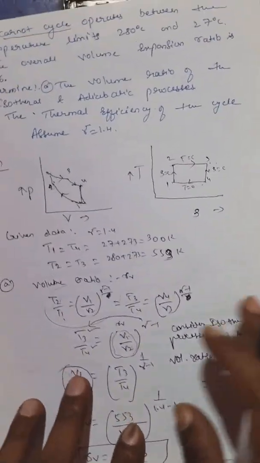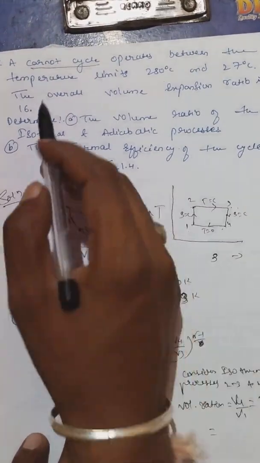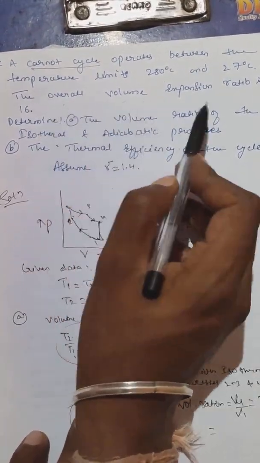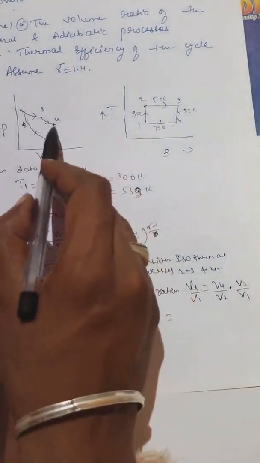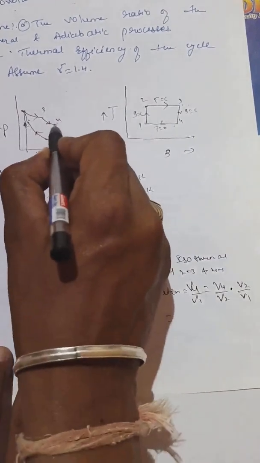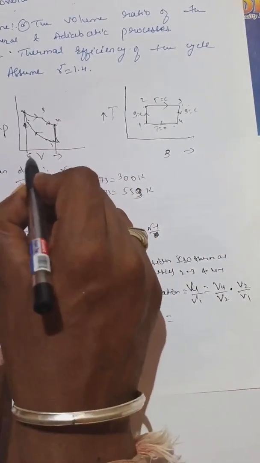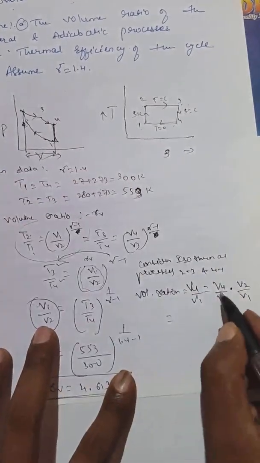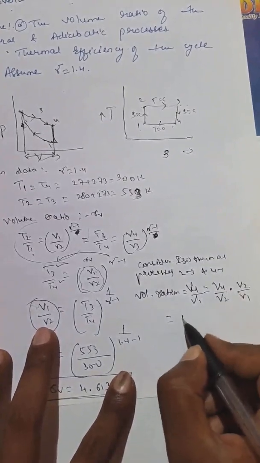If you read the question carefully, he has mentioned overall volume expansion ratio. Overall volume expansion ratio means from here to here. You can see the overall volume expansion ratio is from V1 to V4, and this value is given, that is V4 by V2 is 16.